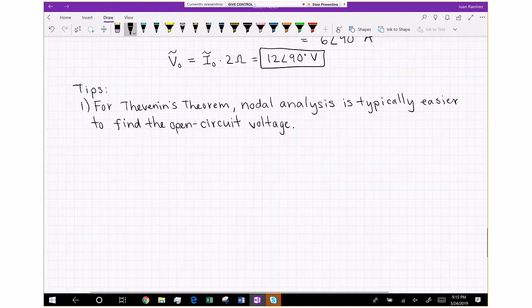I'll also say, remember, no current flows through an open circuit. So when you're doing that analysis of your open circuit, no current flows through it.